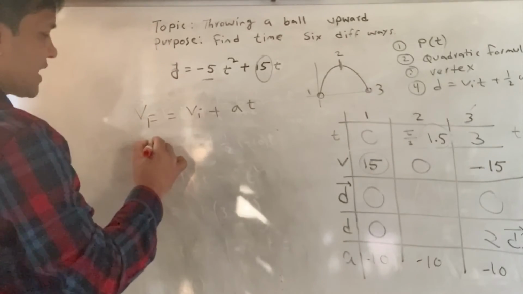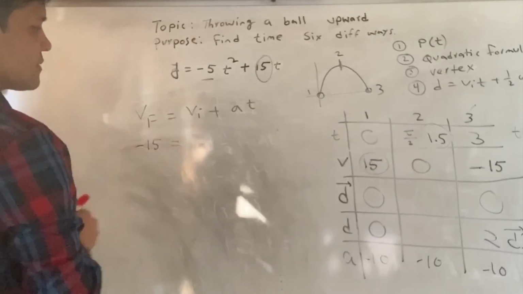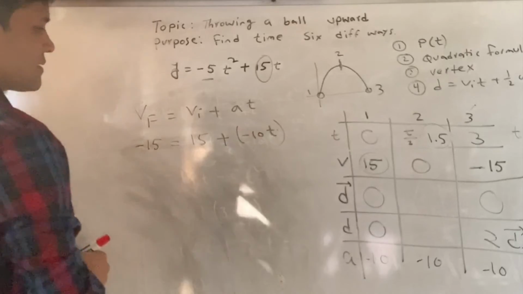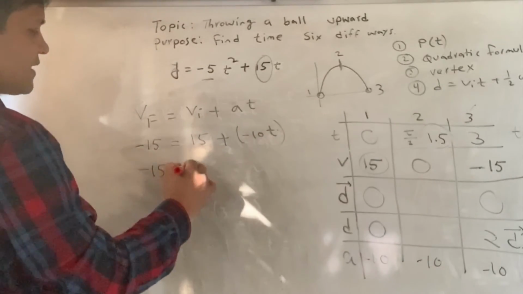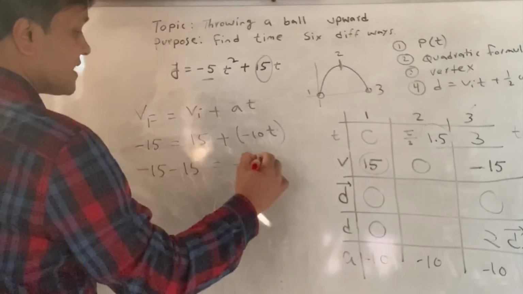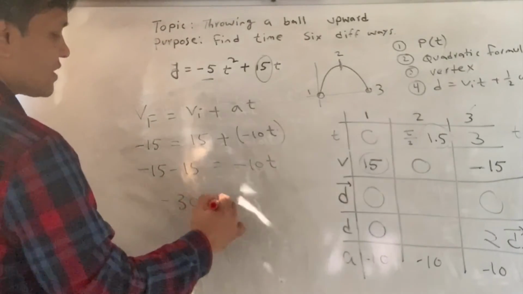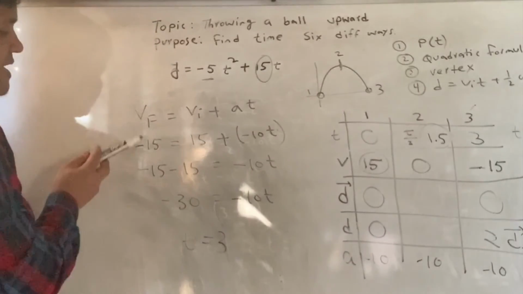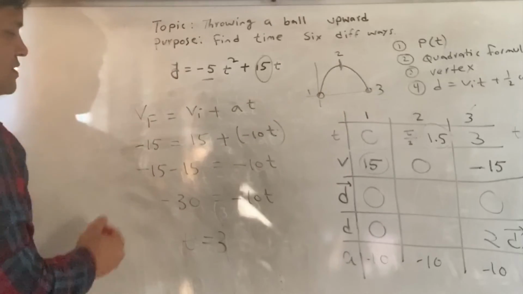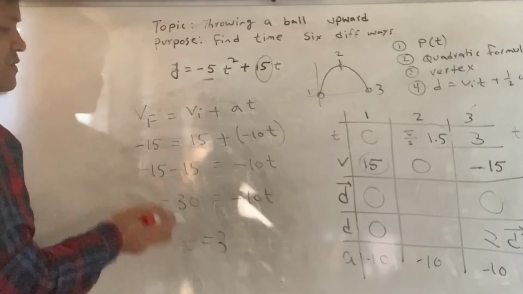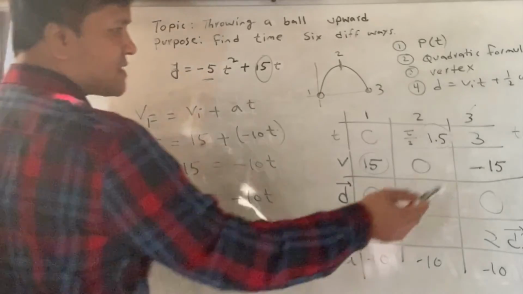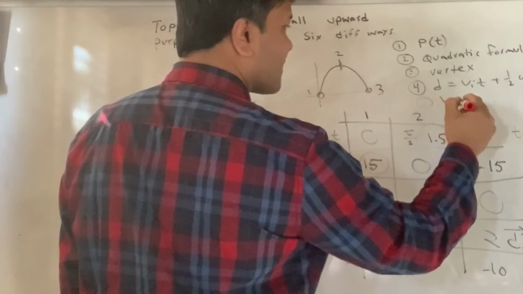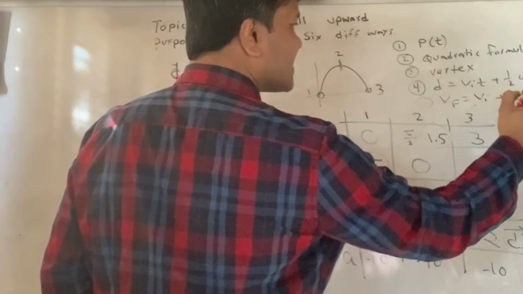So Vf is negative 15, Vi is 15, so you get negative 15 equals 15 minus 10t, so negative 30 equals negative 10t. So t is equal to 3. Since you let Vf be negative 15, which is location 3, it gives you the time at location 3, which is 3. Yes, you can use Vf equals Vi plus at.